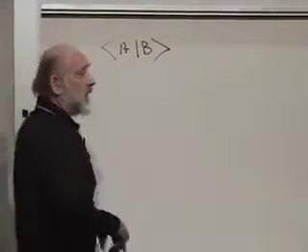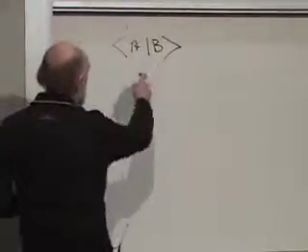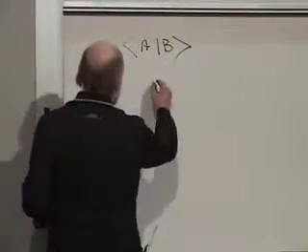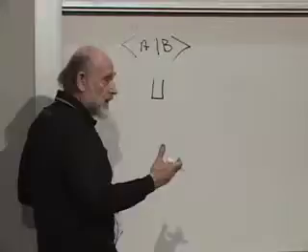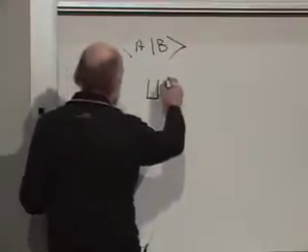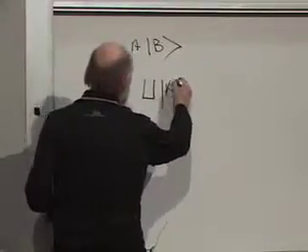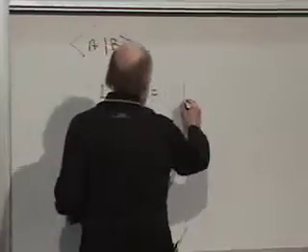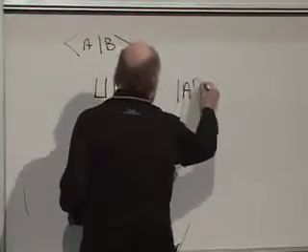Now, let's imagine a transformation which can act on any vector. Let's call it U. U stands for unitary, but for the moment we don't even know what that means. Such that U on A is equal to A prime.